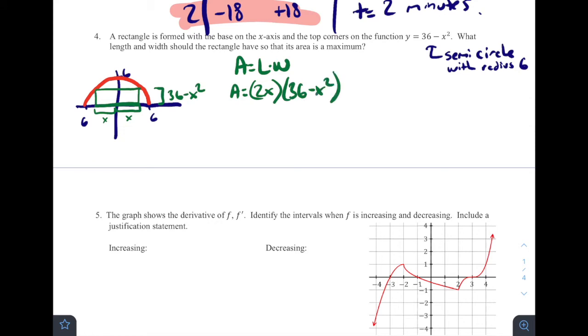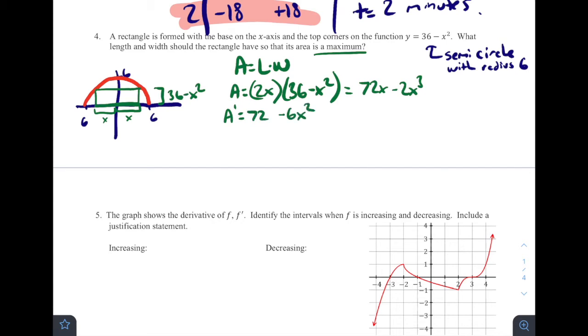And so now that we've got this equation set up, let's distribute it and say that this is 72x minus 2x cubed. If we're going to optimize this and find the maximum area for it, we're going to have to take the derivative. So let's do that. A prime is going to be 72 minus 6x squared.